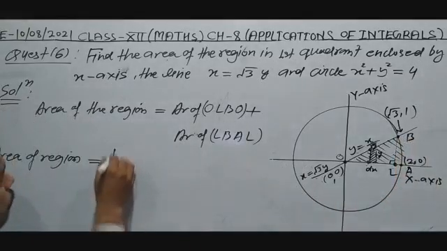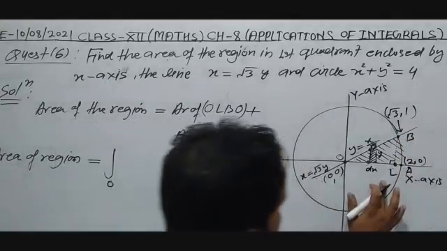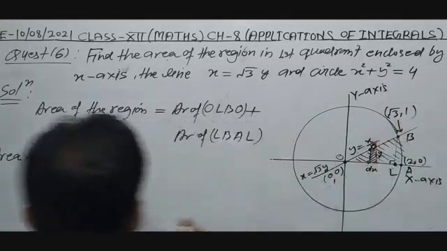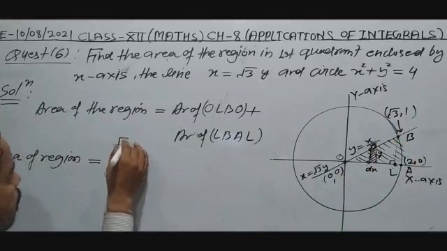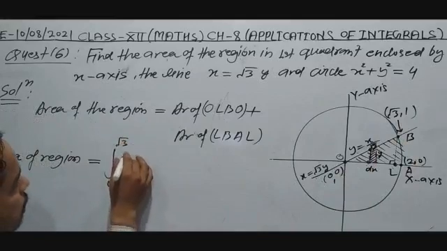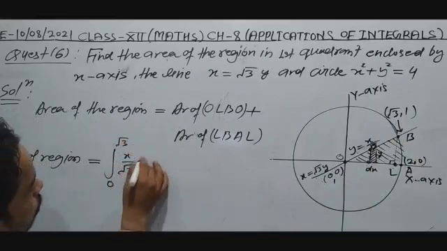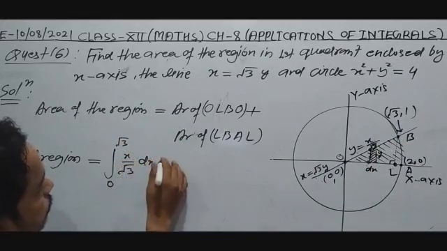So from x is equal to 0 to, at the point L, x coordinate is root 3. So from 0 to root 3, this is x by root 3 dx.